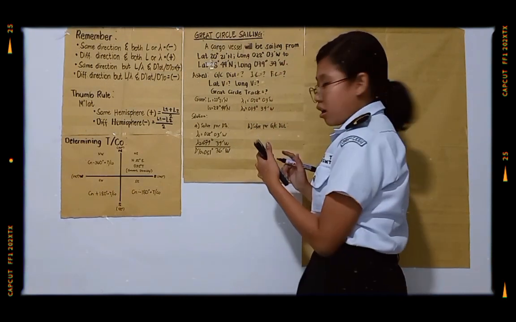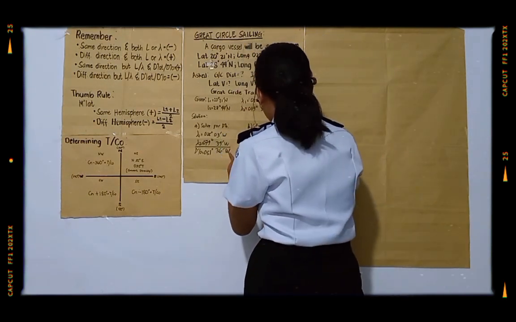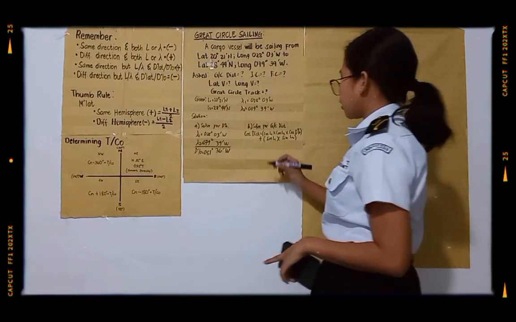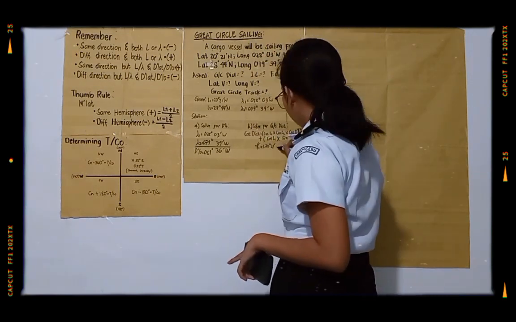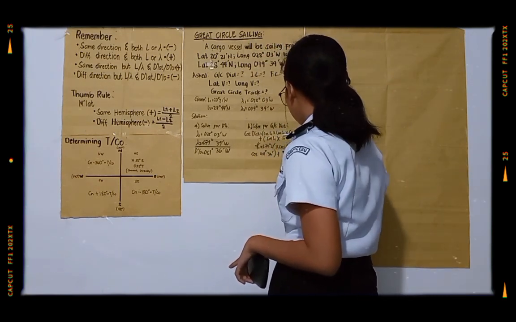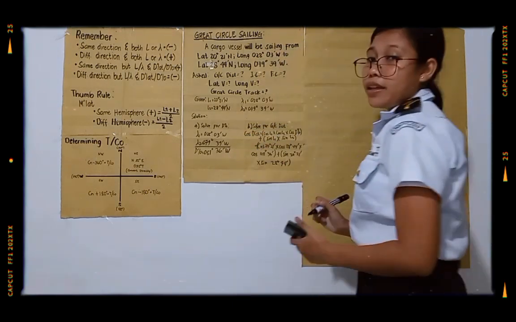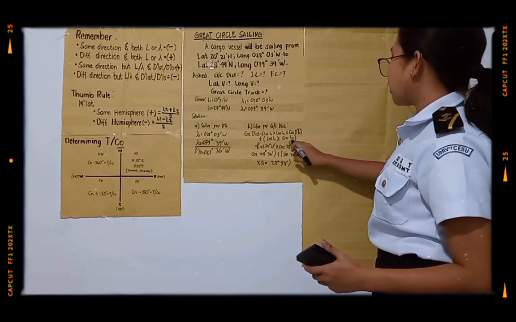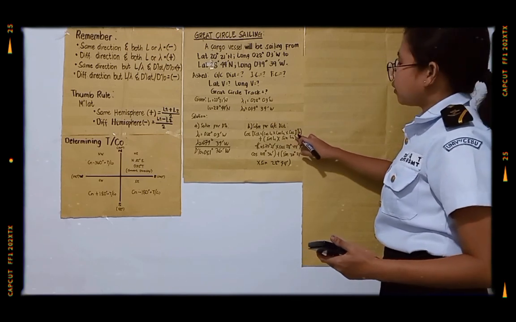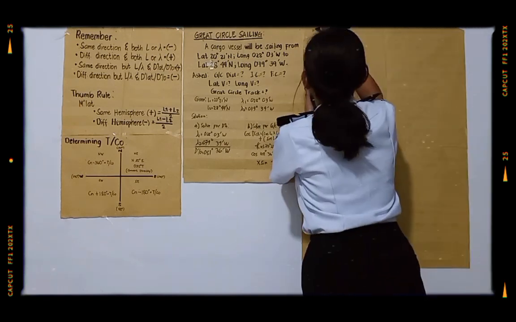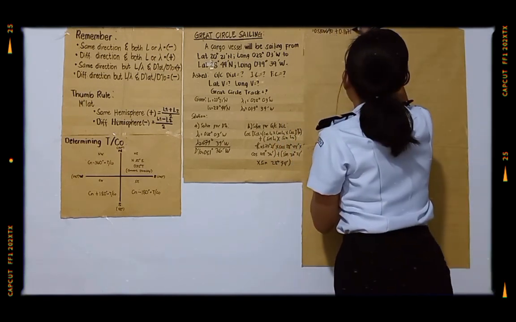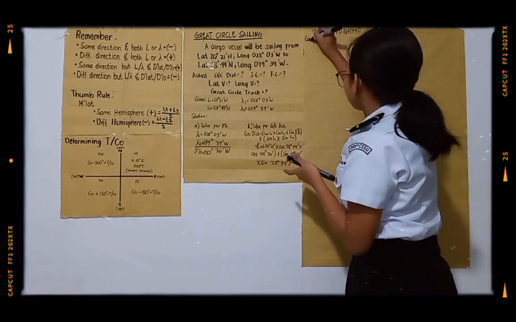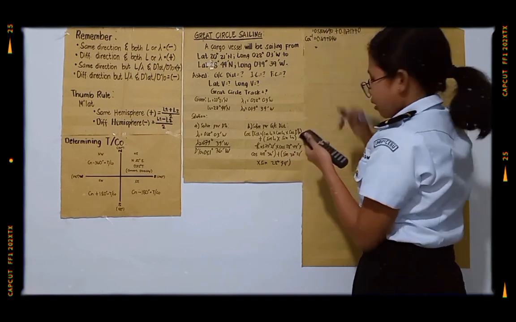We have a formula of great circle distance, then substitute. Then first, we need to multiply these three. Then this. Then shift cos. We have the result.